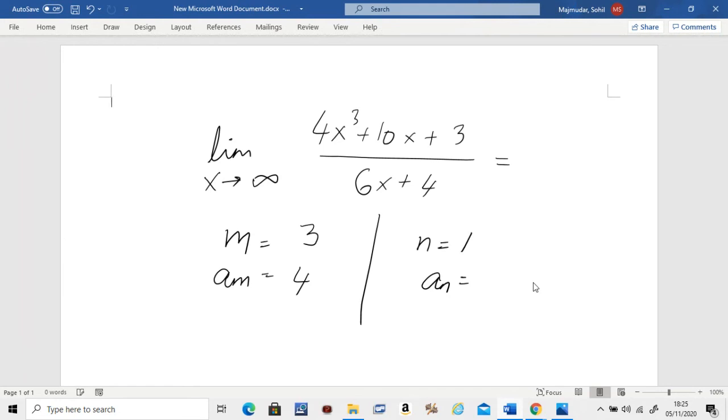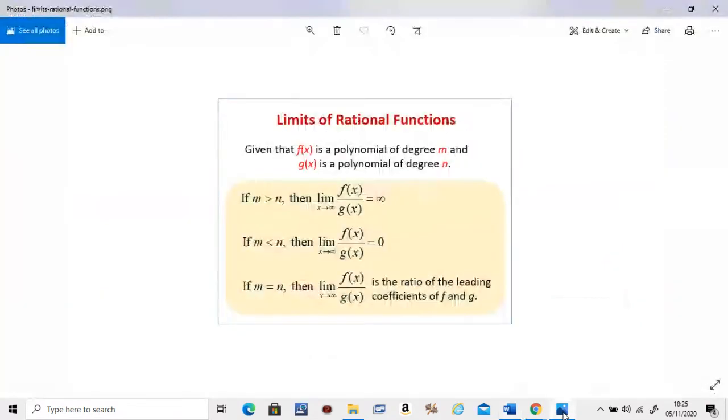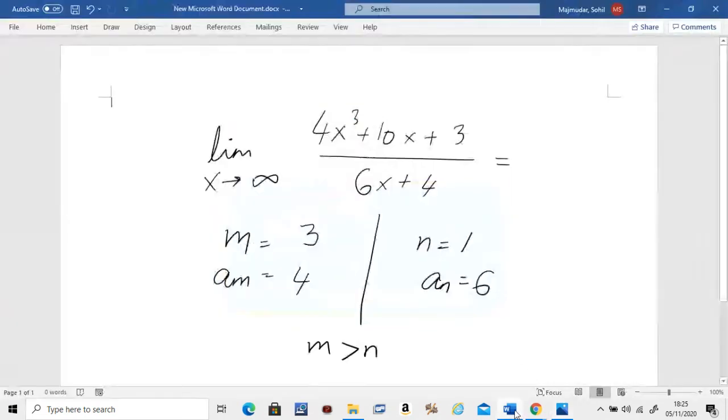If there is nothing, there is a 1 there. And a_n is 1. So now take the relationship between m and n. m is bigger than n, clearly. What do you do? You go to your rules. You belong to the first one. The answer is infinity. Just like that.